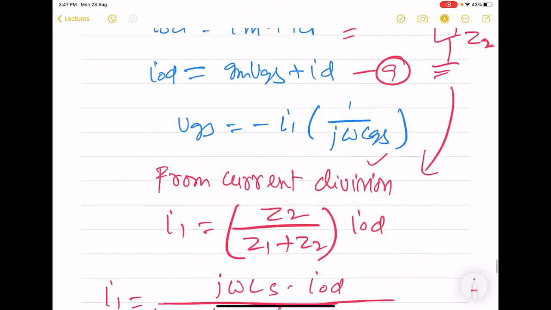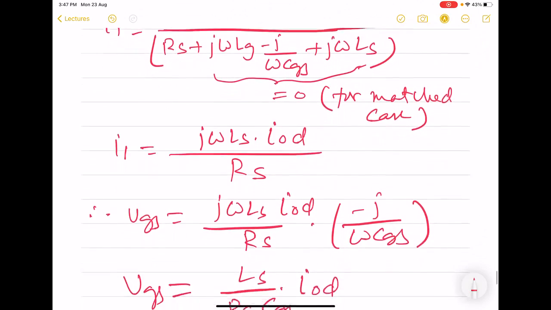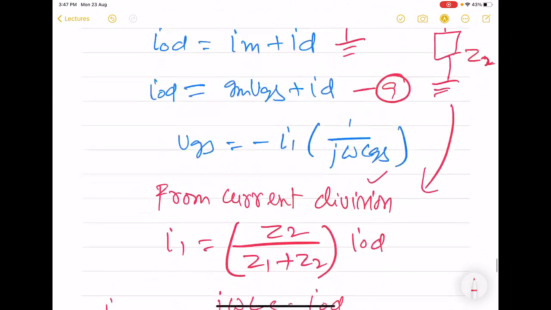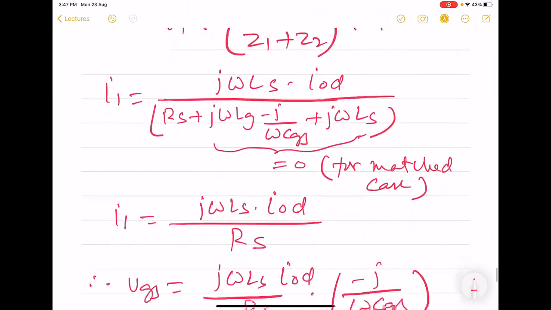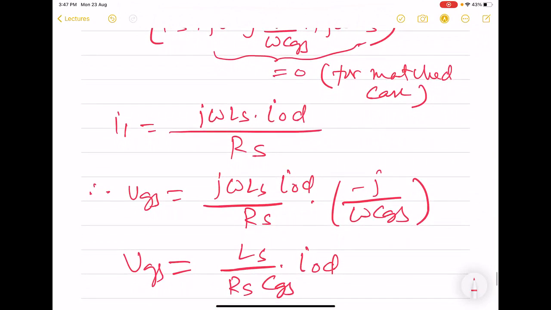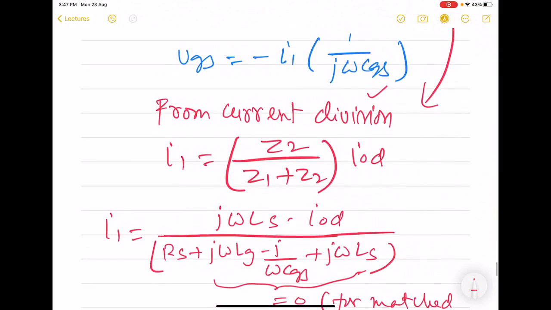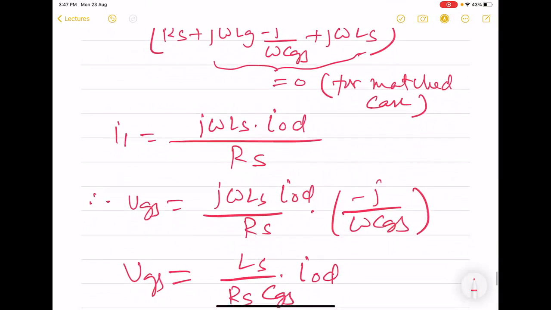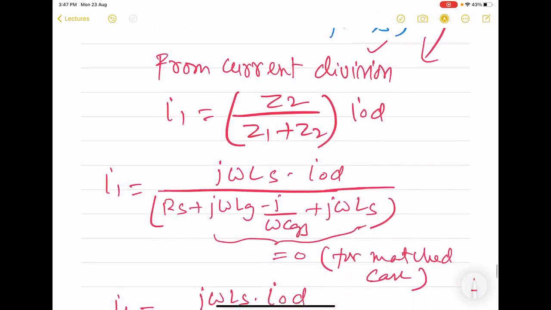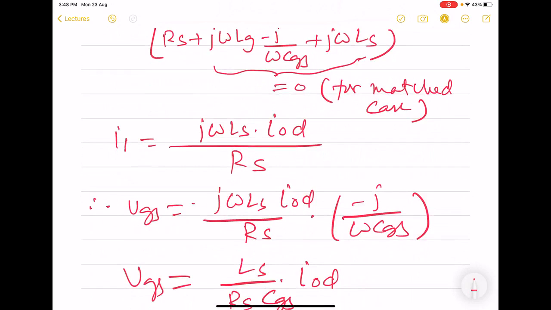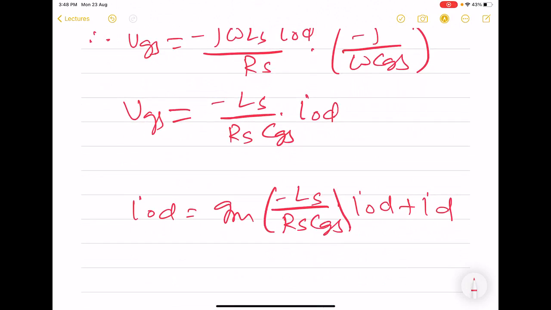Here there is already one minus sign. This part we will have to incorporate, so there will be one more minus here and one more minus here.